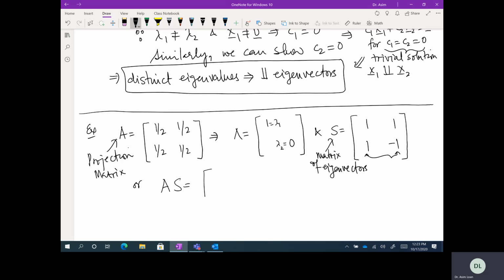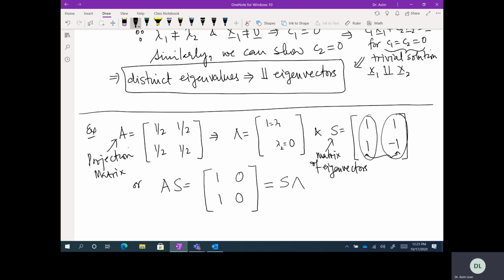What is A times S? A times S simply means I take the sum of the first two columns, which is half plus half, half plus half, so it's 1 and 1. And for the second column, I subtract the second column from the first column, so I get 0, 0. And this is the same as S times lambda.